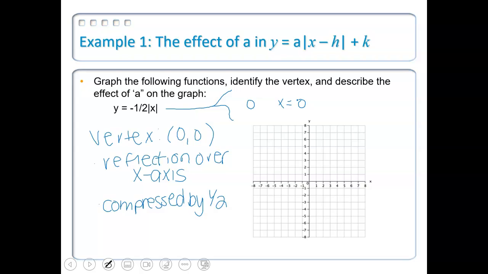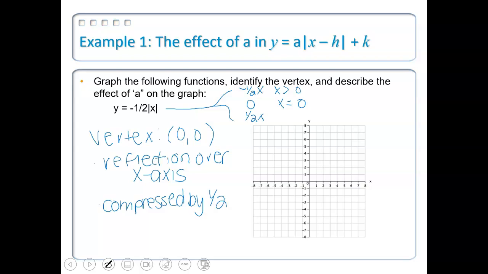It tells me that the graph is negative 1/2 x for my x values that are going to be less than 0. And then it is 1/2 x, sorry, for my x values greater than 0 because it was reflected over the x-axis.